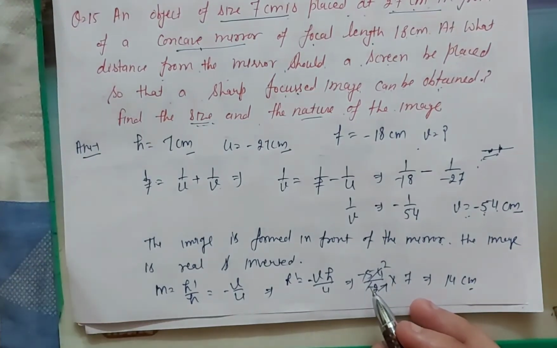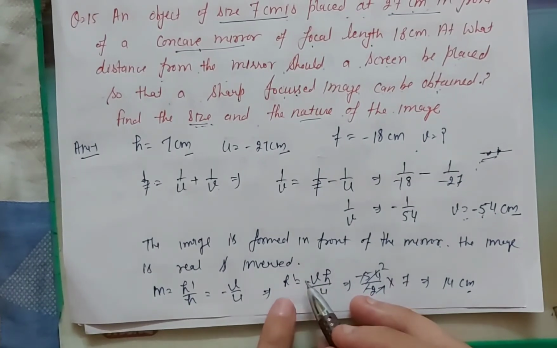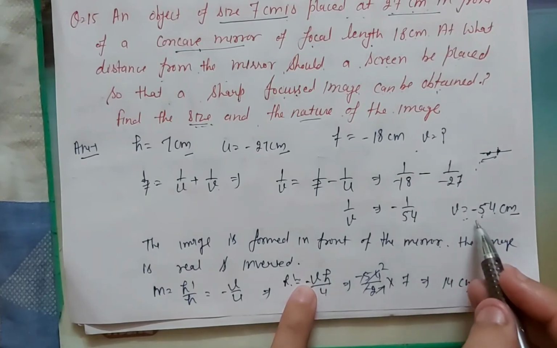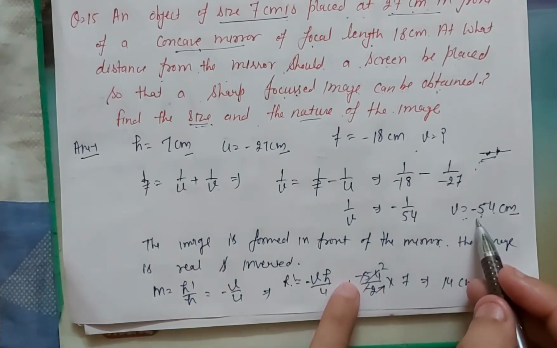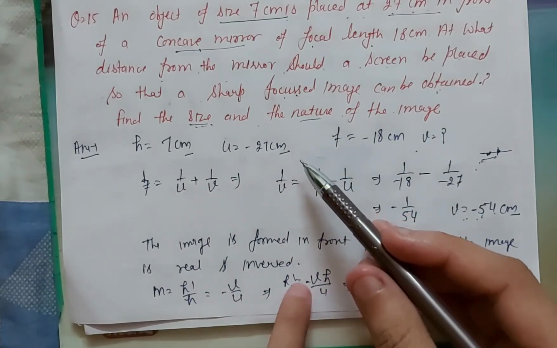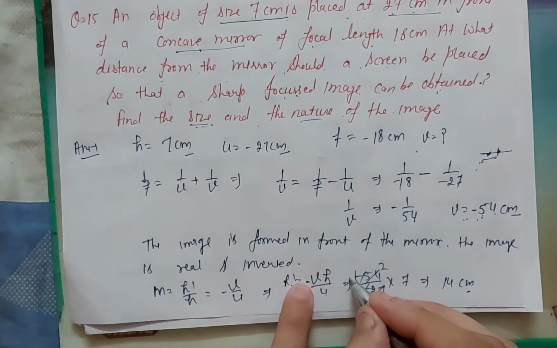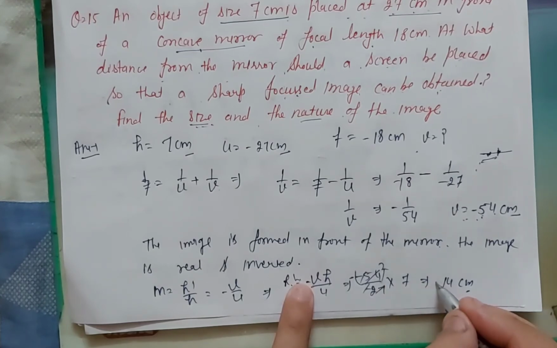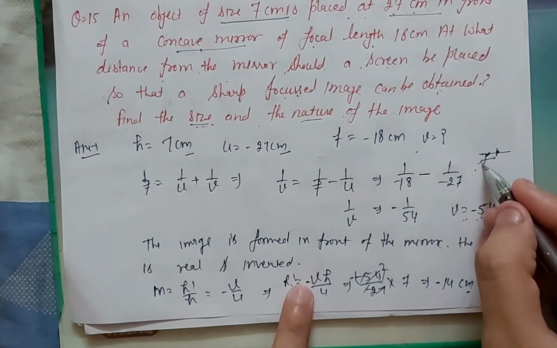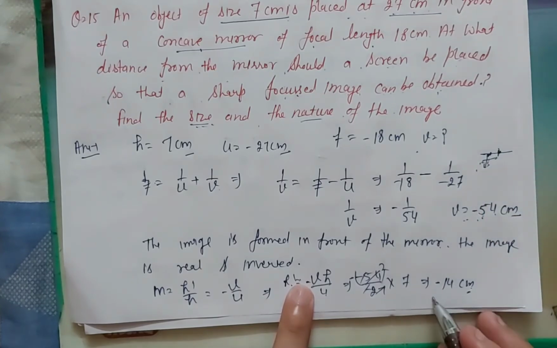Once again check the sign. H dash, this is the formula. So what is the value of v? V is minus. Okay. And what is the value of u? U is also minus, and minus into minus is plus. So it is minus 14 centimeter, because it is an inverted image, that's why h dash is negative.